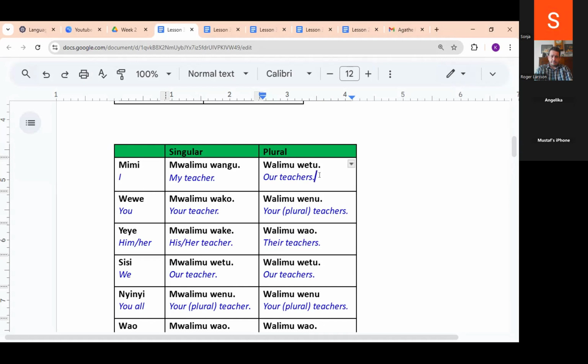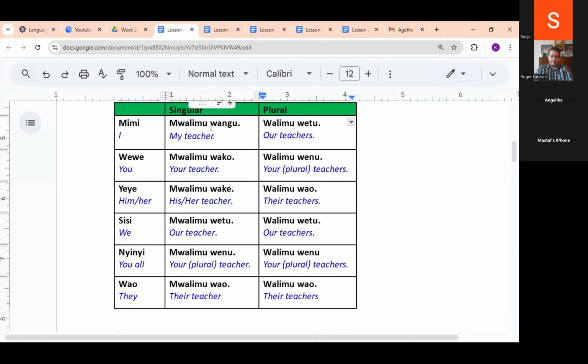Asante sana. As well, Dada Sonia and Kaka Roger, you can read also. Shall I start, Roger? Ndio. Okay. Mimi, mwalimu wangu. Walimu wetu. Wewe, mwalimu wako. Walimu wenu. Yeye, mwalimu wake.